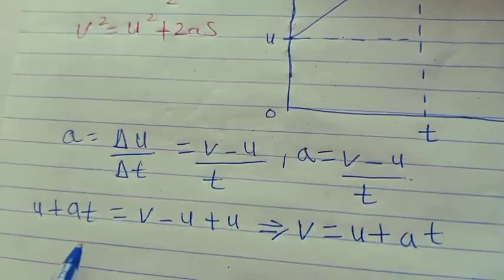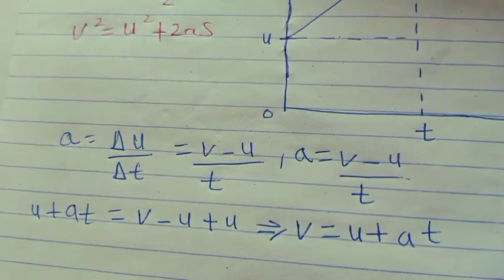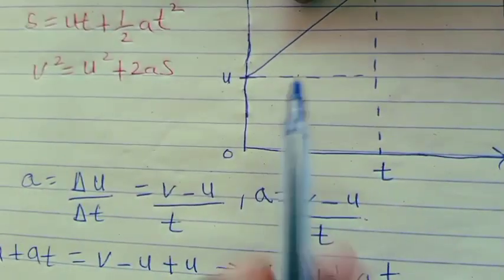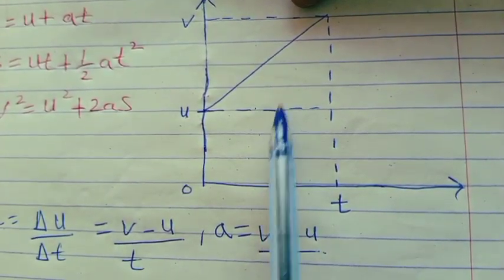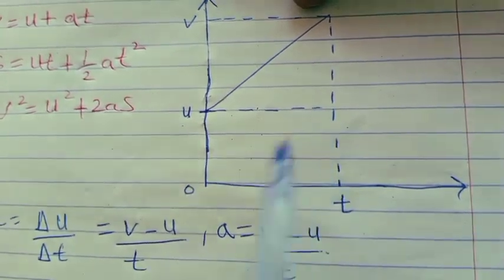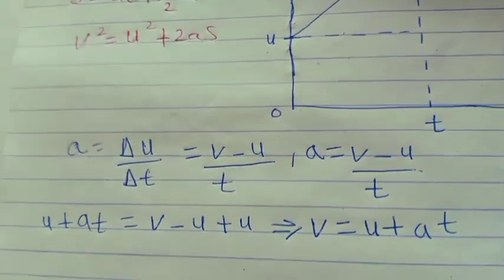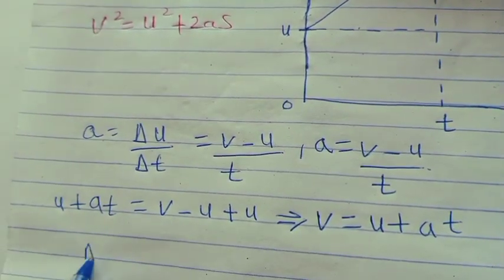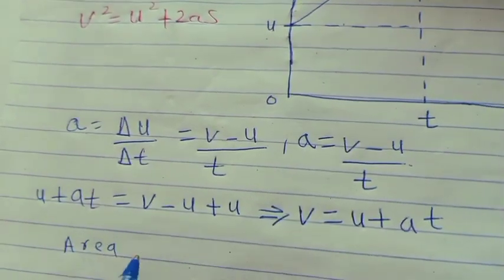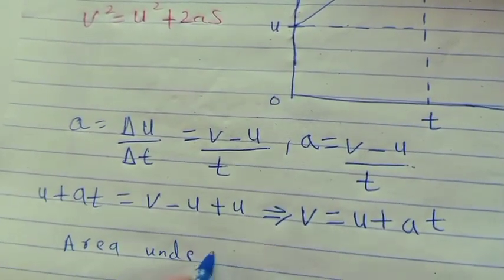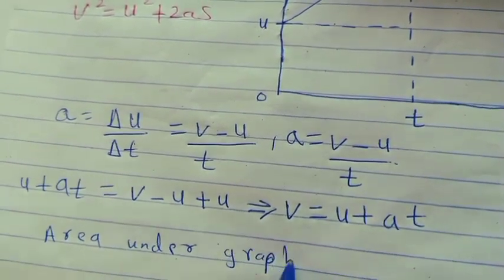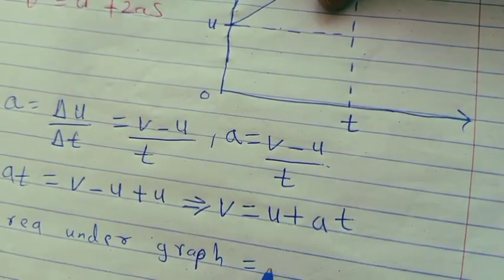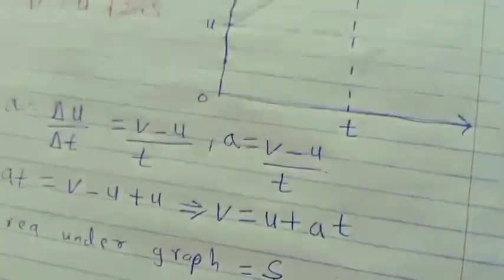To do the second one, we are going to obtain the area under this graph, which is equivalent to the distance covered. Area under the graph is equal to distance s.